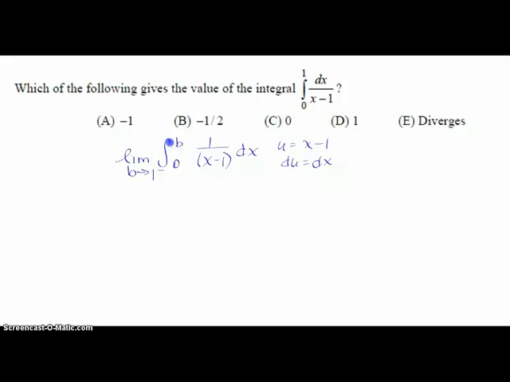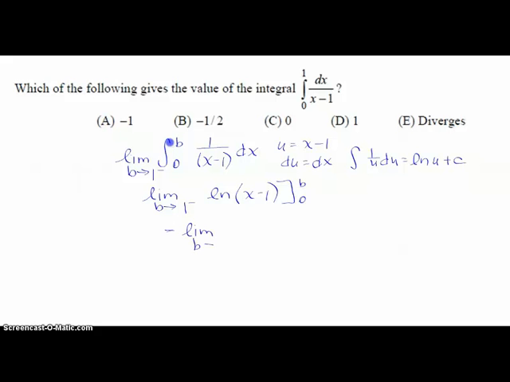This part we can do really easily. So our indefinite integral would be 1 over u du. Antiderivative, natural log of u plus c. So back to our limit, we have the natural log of x minus 1 from 0 up to b.